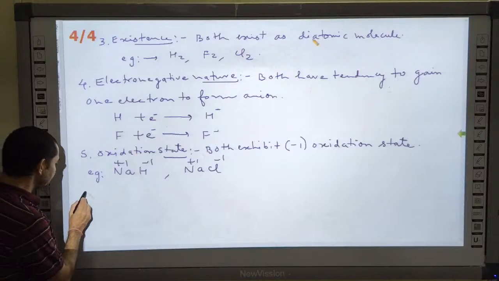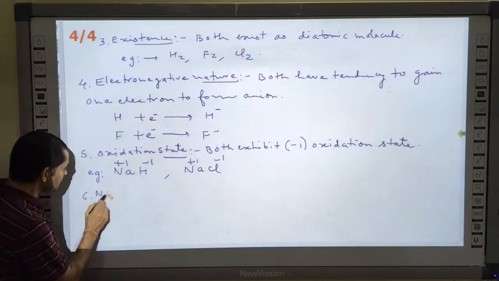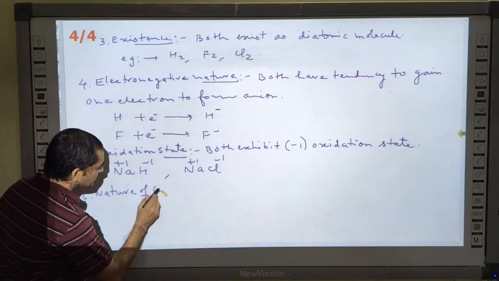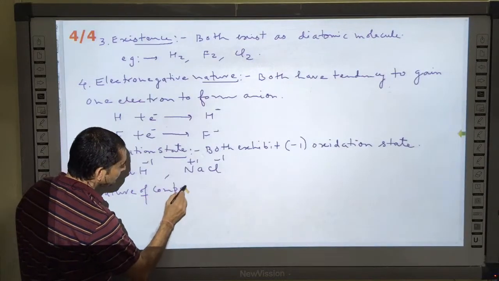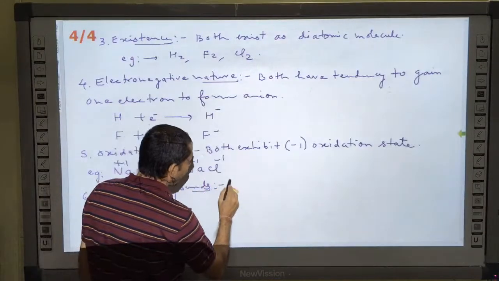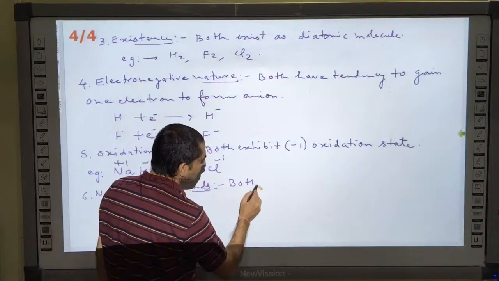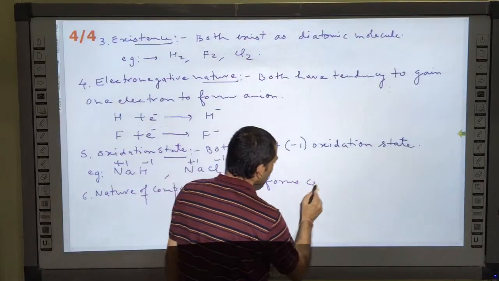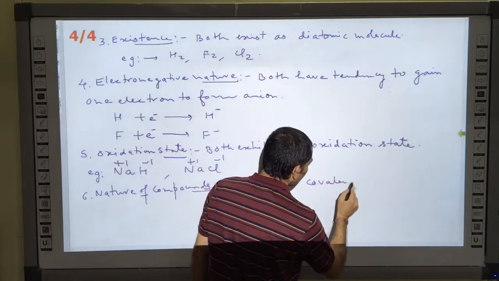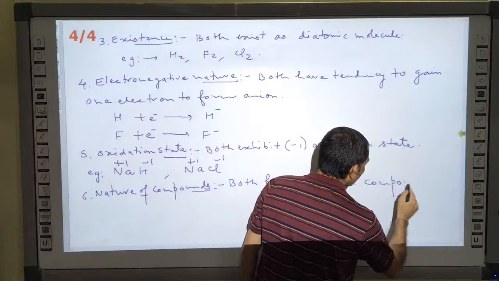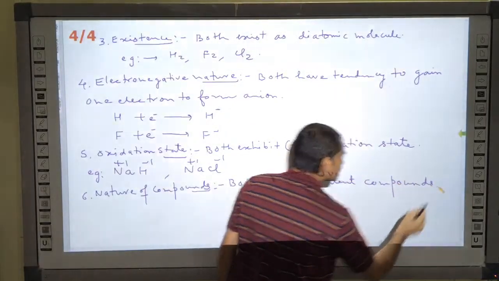And last, nature of compounds. Both hydrogen as well as halogen form covalent compounds.